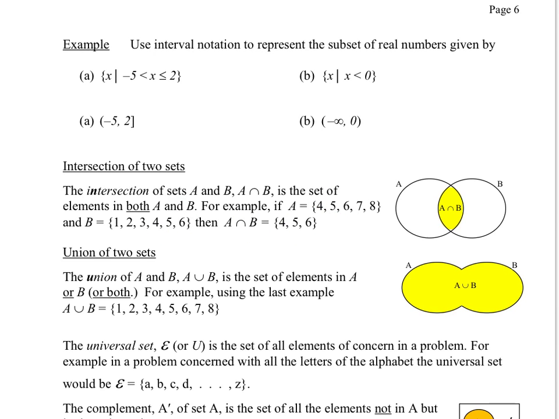So the intersection A intersect B is 4, 5, 6. We can draw it on a Venn diagram like this. It's the things that are in A and also in B.